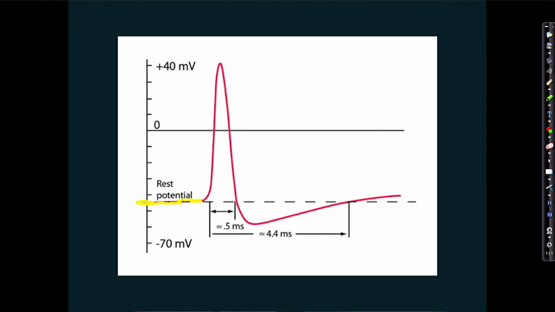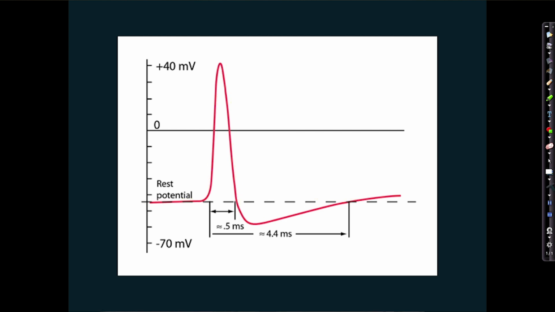Then when an action potential is initiated, and in this video and probably the next, we'll talk about what initiates it, it shoots up very, very rapidly, past 0 up to about plus 40, and then comes all the way back down, overshoots a bit, and then goes back to the resting potential until it fires again. And in some of the fastest firing neurons, that can happen up to maybe 250 times per second.